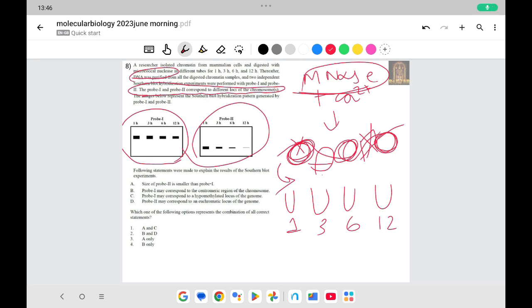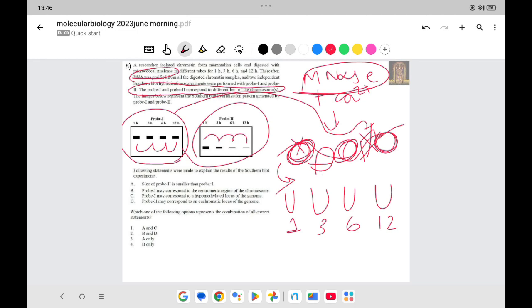In the probe 1 case, even depending on the time, the change in the concentration of DNA is very low, whereas you can see a rapid decrease in the concentration in the case of probe 2. What does that mean? In the case of probe 1, this part is not accessible to the MNase enzyme because it is already bound by other proteins.